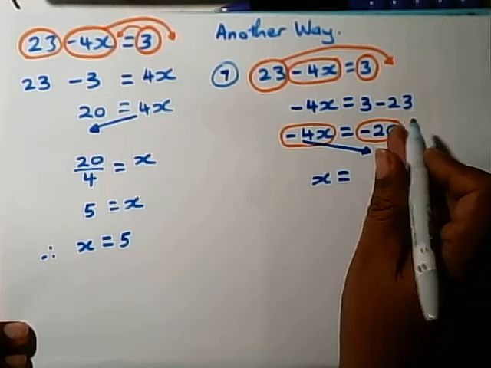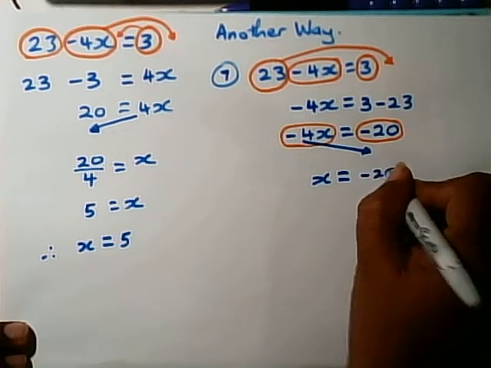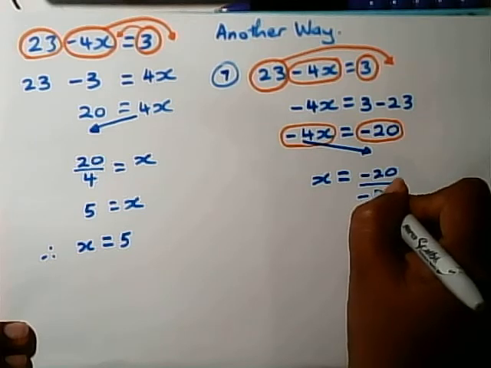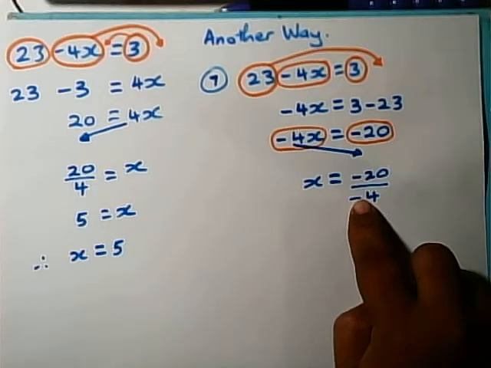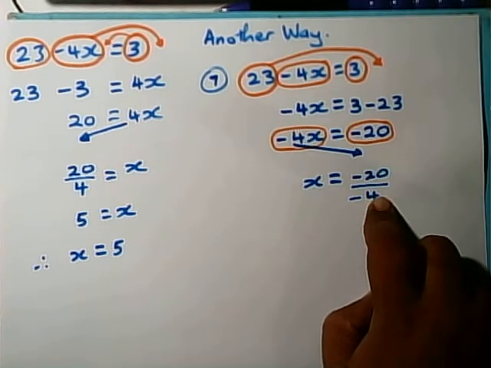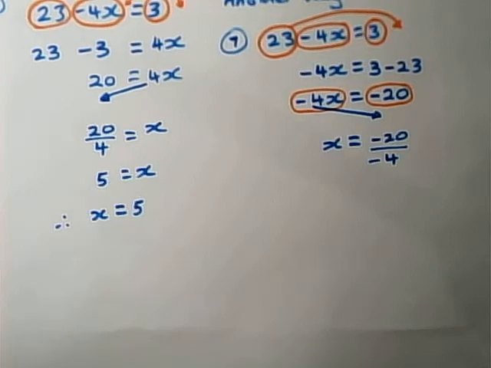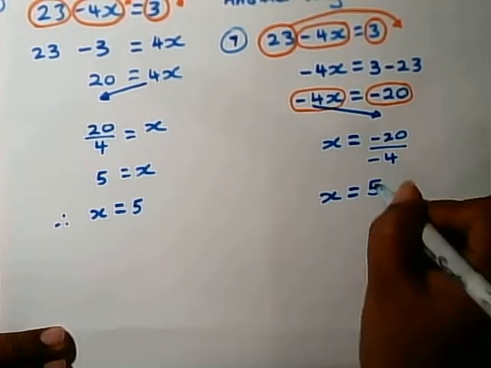On this side now we have minus 20 over minus 4. So if the signs are the same, the answer will become a positive answer. 20 divided by 4 is 5. Therefore, the answer is x is equal to positive 5.